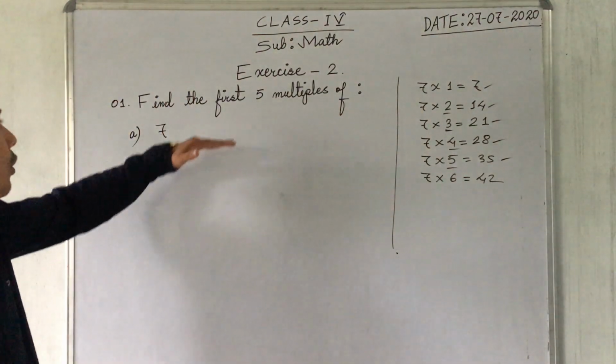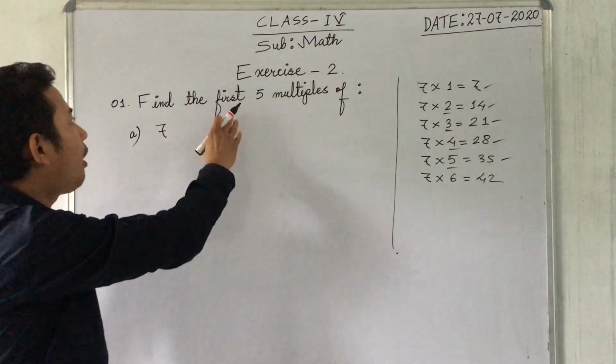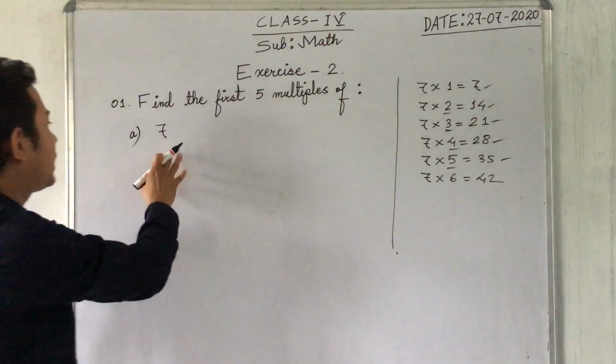This question is telling us to find only the first 5 multiples of 7.